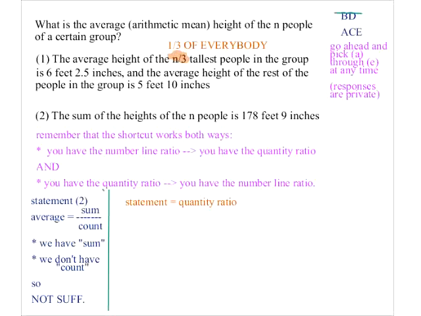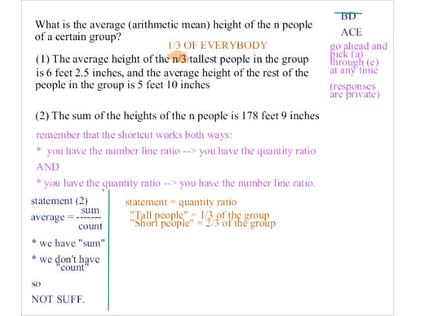Okay. Anyway, the statement is a quantity ratio. Let's just call them tall people and short people. Tall people constitute 1/3 of the group, and short people constitute 2/3 of the group.